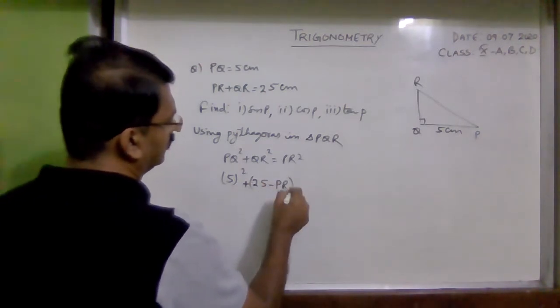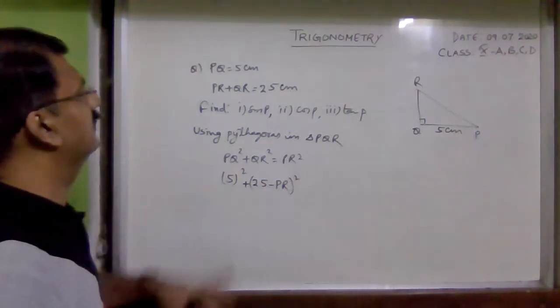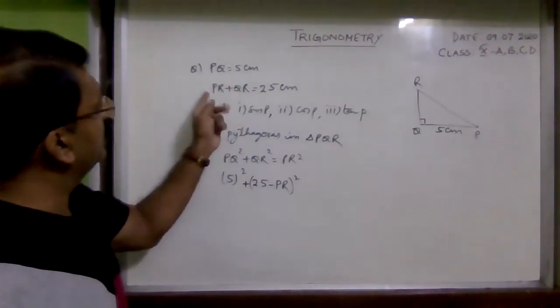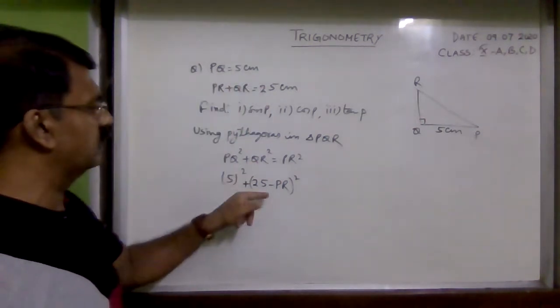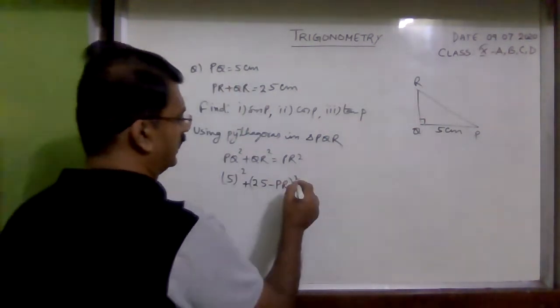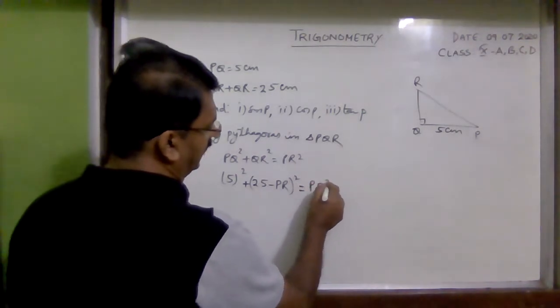You see, from the condition given, QR is equal to 25 minus PR. So in place of QR, I have written 25 minus PR and square is there, is equal to PR square.